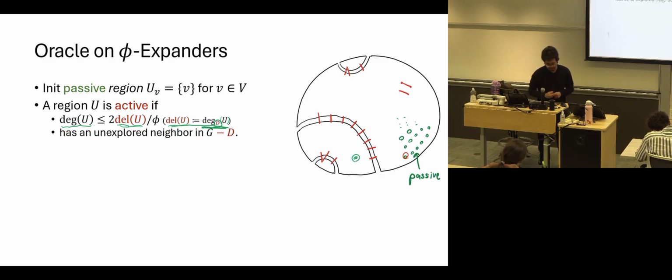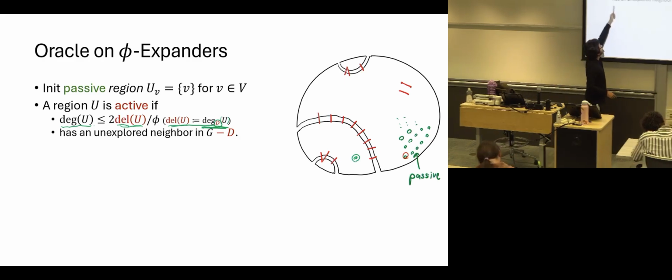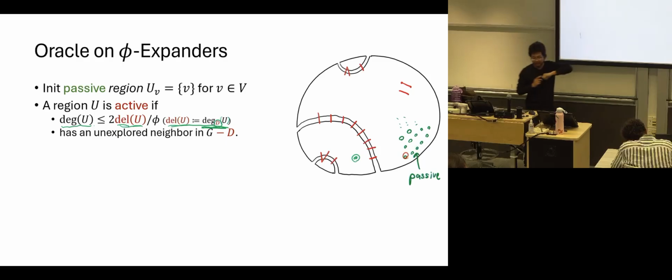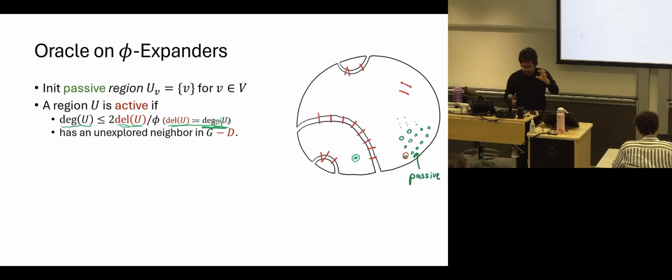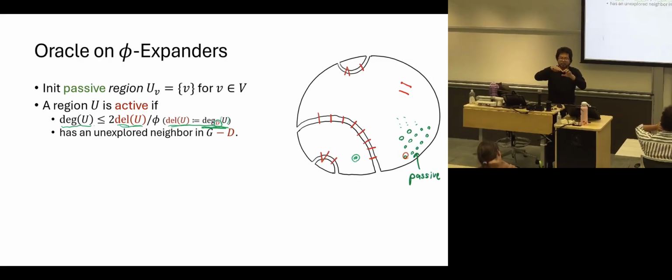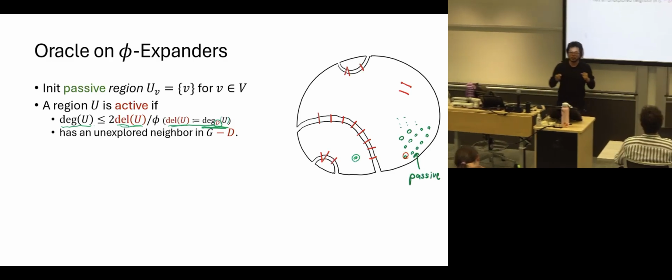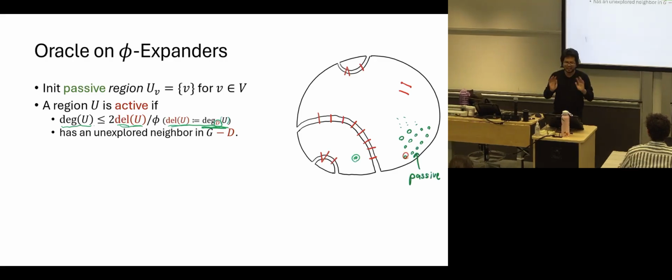Also, I need another condition, which says that this region still has some unexplored neighbor. In our algorithm, we will do some DFS like before.